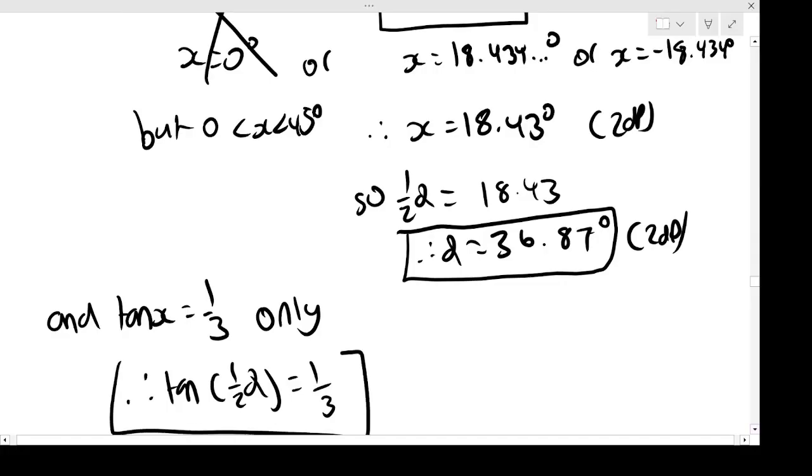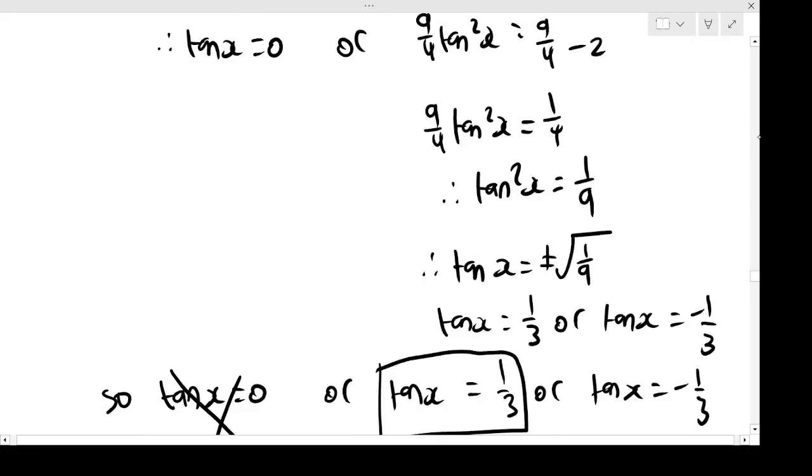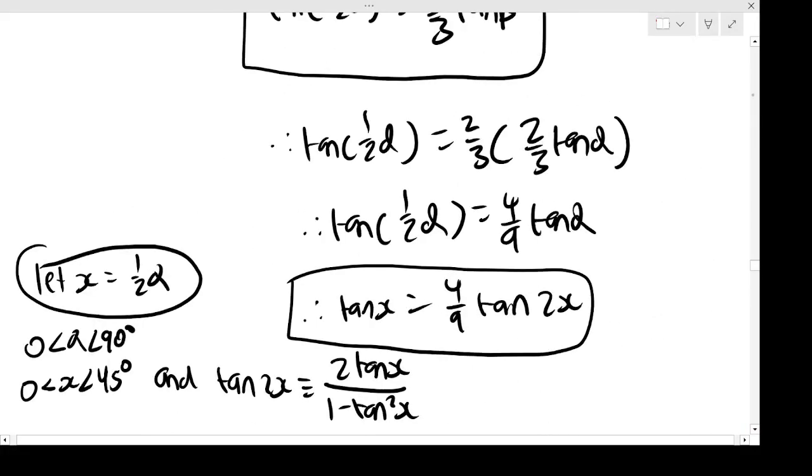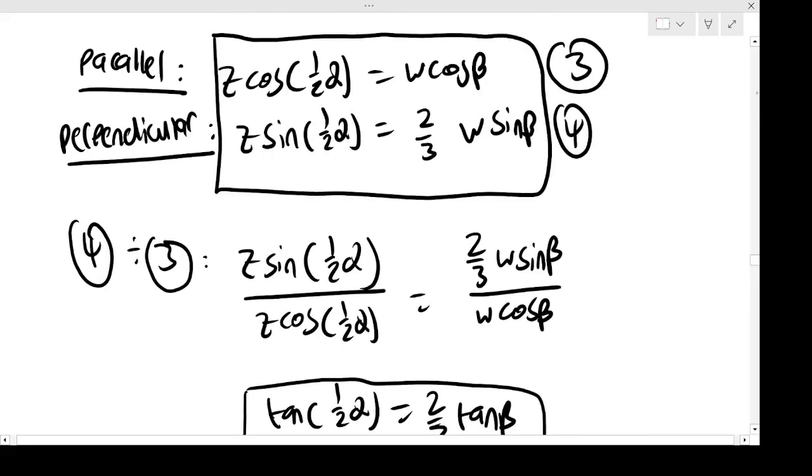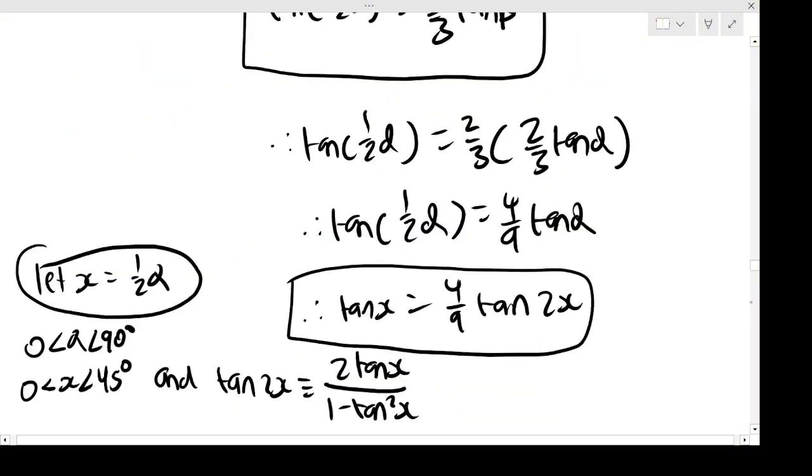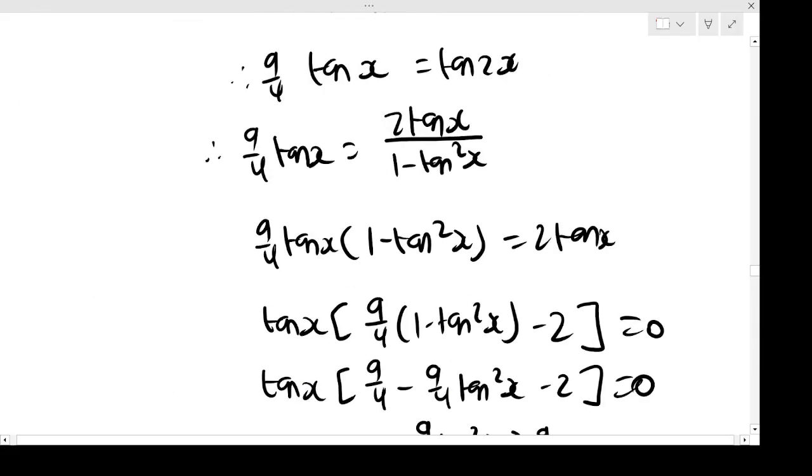So again, very weird question, but hopefully happy with the first part we did, where we just did the parallel and the perpendicular equations, but then we needed to use double angle formulas. Hopefully spotted and happy with the fact we're dealing with a double angle formula, and then we're just solving a trig equation that came from that.